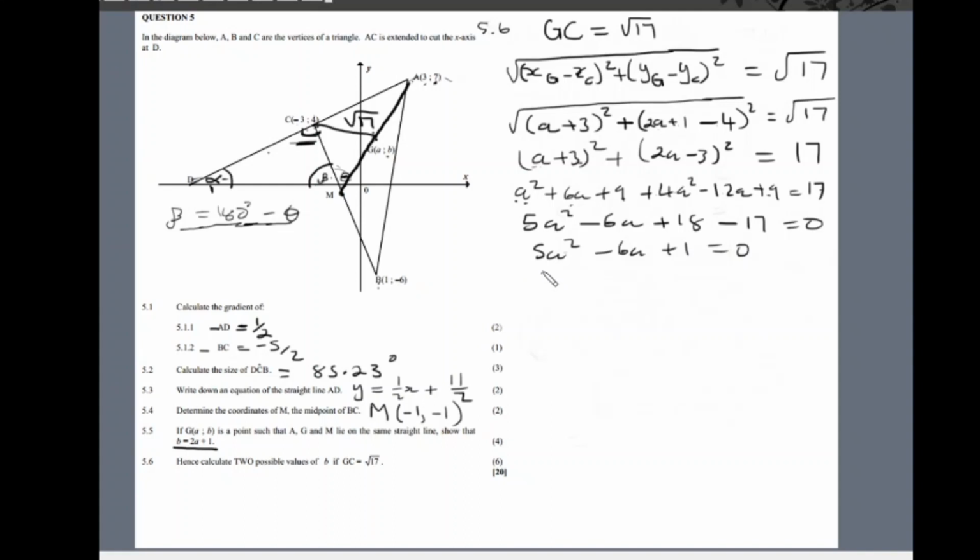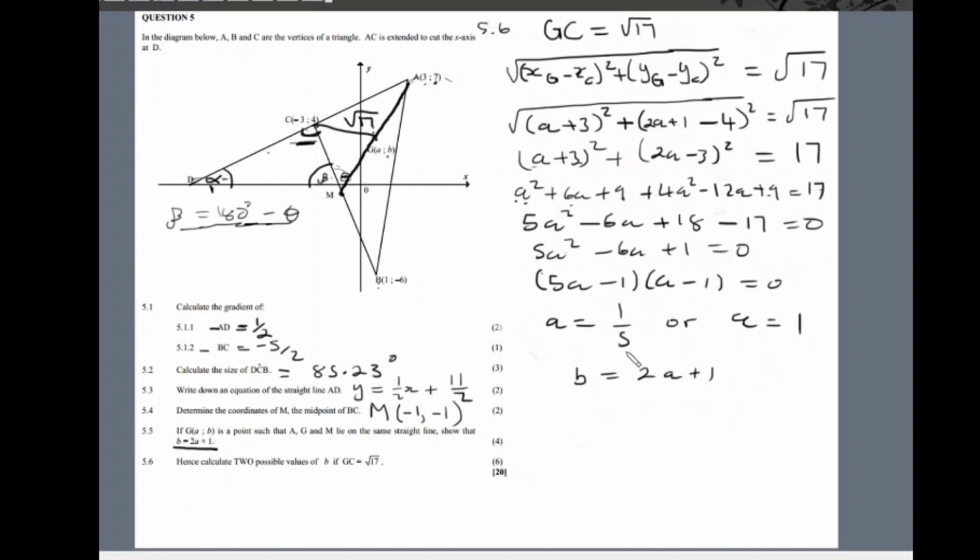So we can now factorize this and say 5a minus 1 and a minus 1 is equal to 0. So this will give us a to be 1 over 5 or a to be 1, right? But now we are interested in the two possible values of b, right? Remember b is equal to 2a plus 1, as we showed in question 5.5, right?